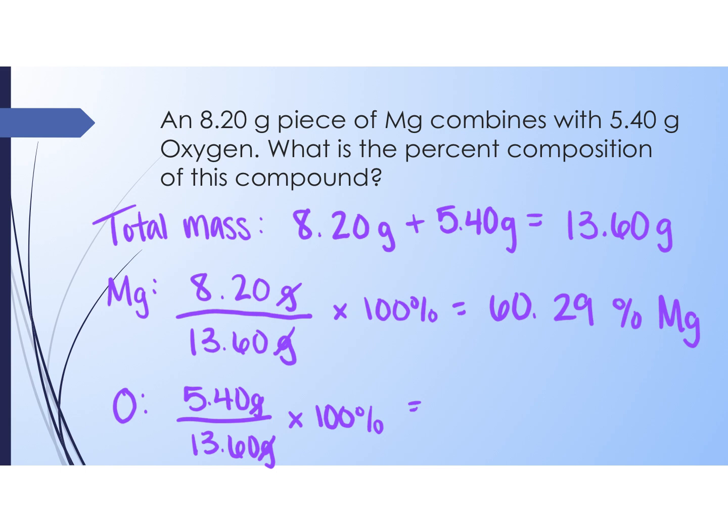Like, make sure you know how to get the correct answer on your calculator, and you're not just relying on your neighbor. And then if anyone has a number, go ahead and say it out loud. 39.70. What's the next digit? Should it round up to 71? Okay.